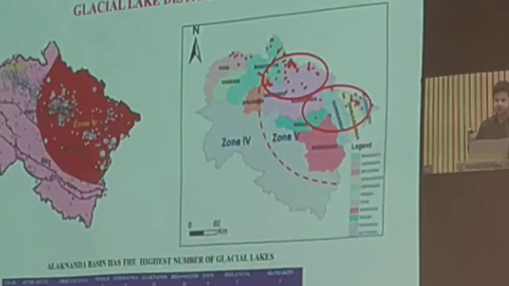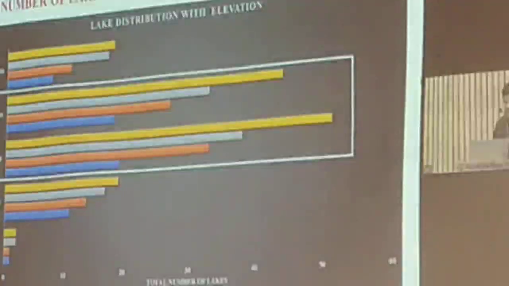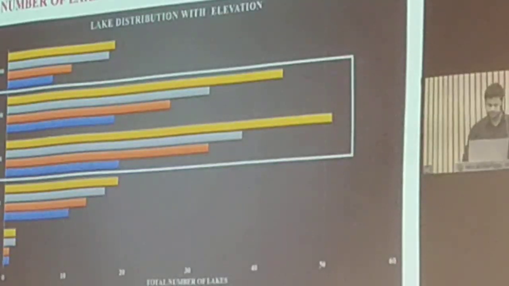So where are these new lakes located? They are located in the Alaknanda and the Bhagirathi basin, mostly. And both these basins are in zone 5 of earthquake. So here, you see that it has been growing in the Alaknanda and Bhagirathi basins, and in terms of altitudinal variations, we can see that most of the lakes have formed in the altitudinal range of 4,500 to 5,500 meters above mean sea level.